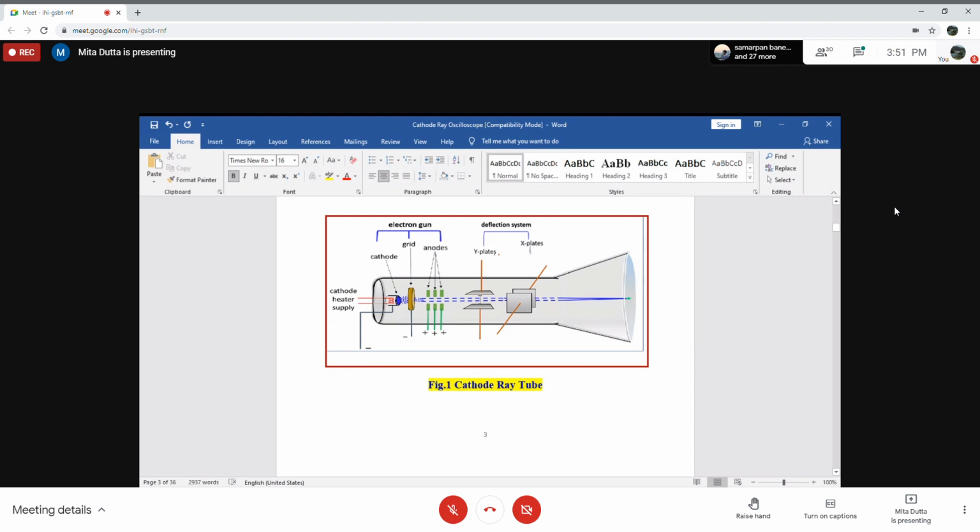These voltages applied to the two plates are controlled by two knobs on the front panel of the oscilloscope, known as the position control knobs. There will be an X position and a Y position control knob, which control the voltage applied to these two plates.